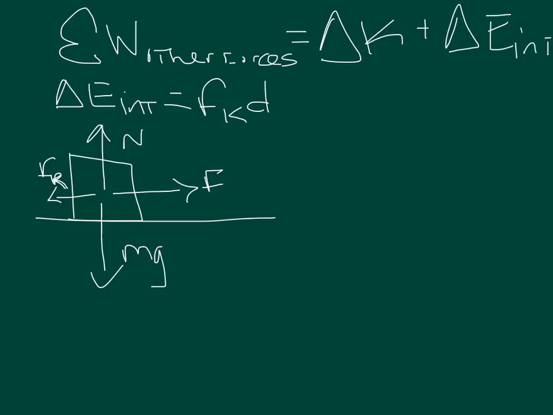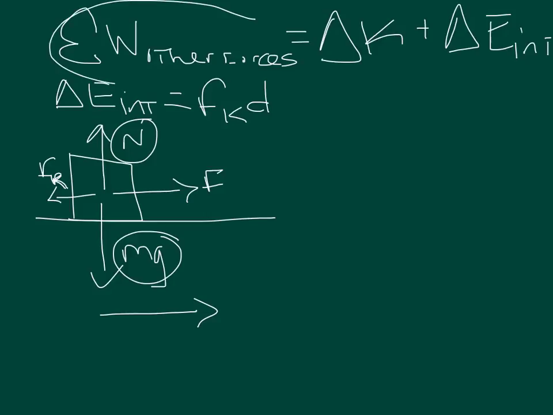We know that the block is moving horizontally, so the normal force and the weight force aren't going to do any work on the system, because they act vertically while the displacement is horizontal. So the only force doing work among the other forces is really just this applied force right here.